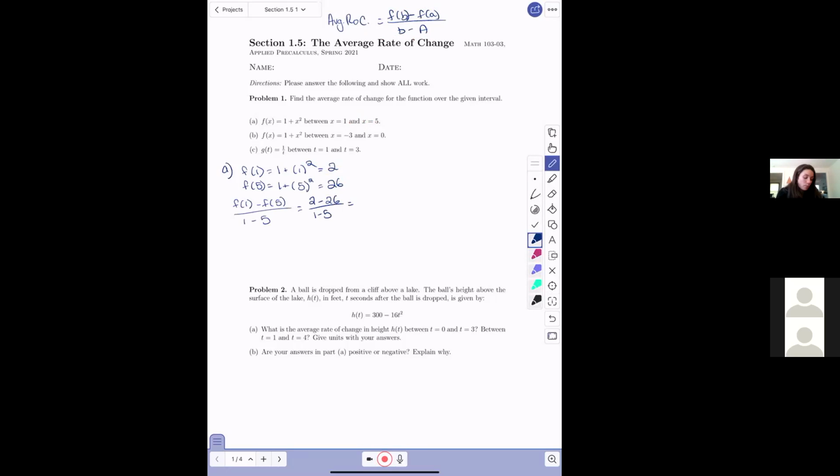So then 2 minus 26 is negative 24 divided by negative 4, and that equals 6. So that's your final answer. And this one is not a word problem, so we don't have to worry about our units. Any questions?